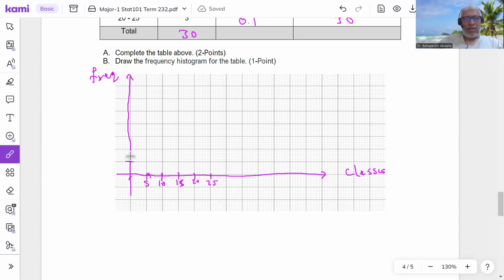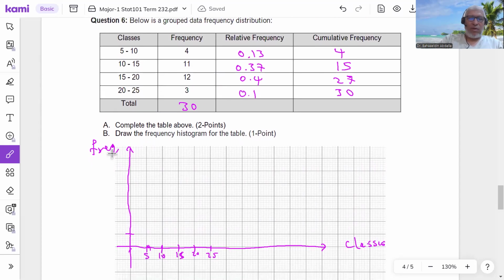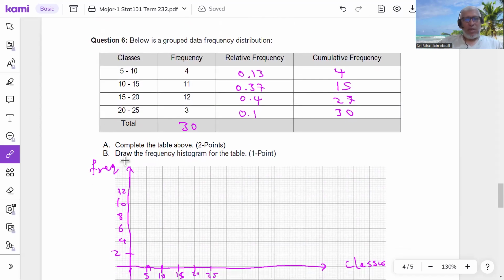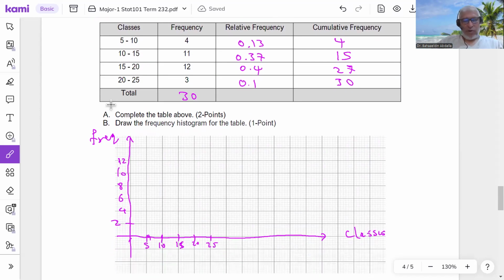We need it up to what? Up to 12. So let us say that this is 2, 4, 6, 8, 10, 12. You can make it as you wish. So the first class, the frequency is 4.